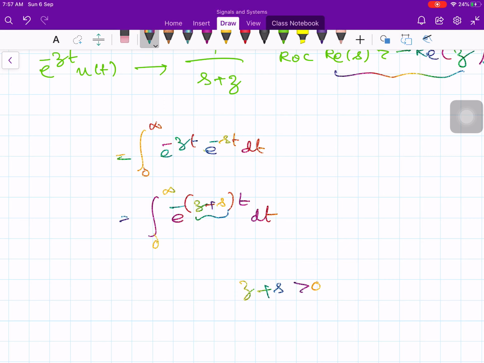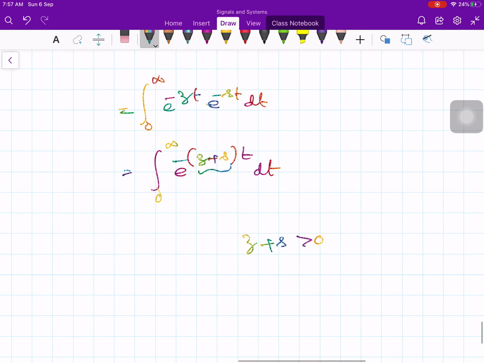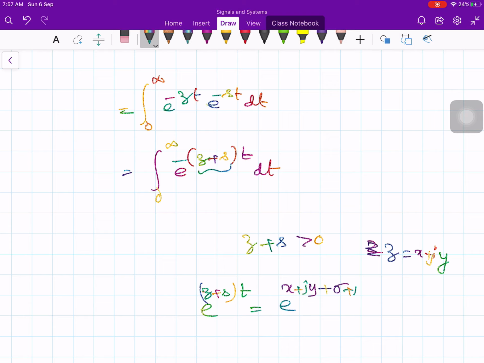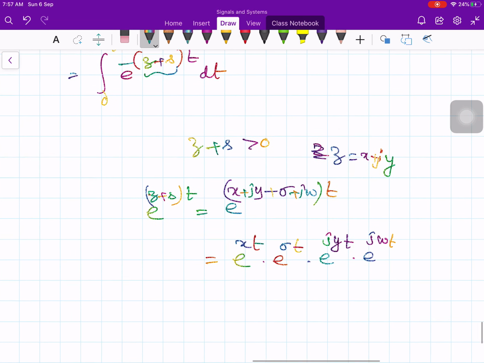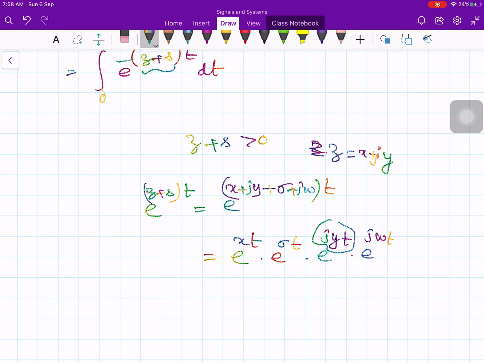Why? Because e to the power of z plus s times t, you can write with z equal to x plus jy, and s is sigma plus j omega, multiplied by t. Now in this we need to consider only e to the x t and e to the sigma t, and the e to the j y t and e to the j omega t terms, this imaginary part, we need not consider.